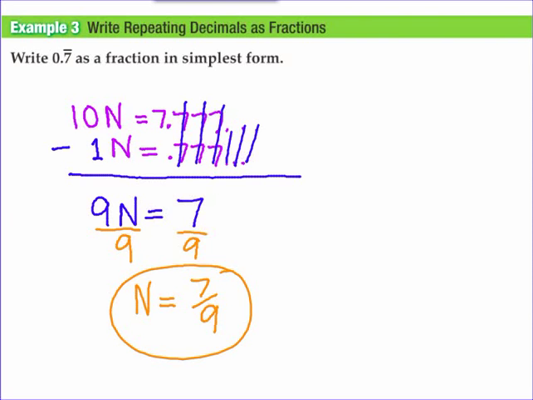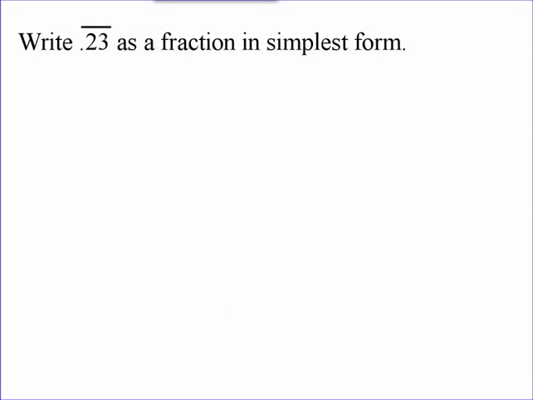This one we're going to do with 2 decimal places: 0.23 repeating as a fraction in simplest form. Very first thing, n equals 0.2323, dot dot dot. Remember, when the line is above both of them, that means 2, 3, 2, 3 repeats.